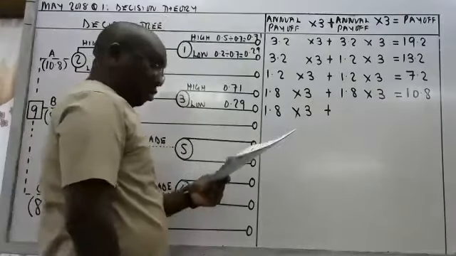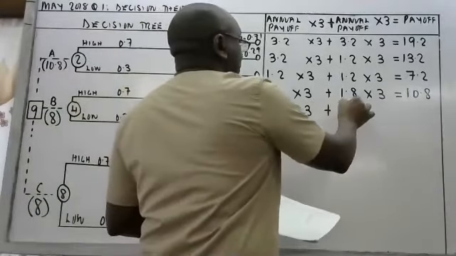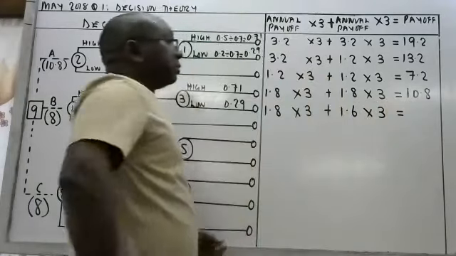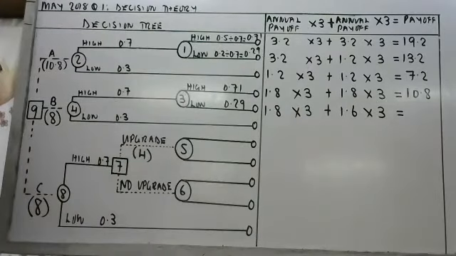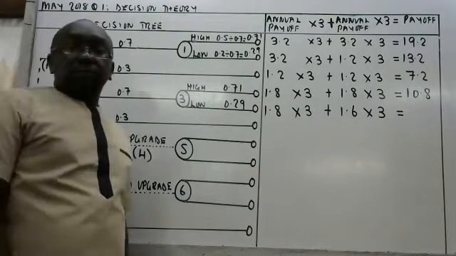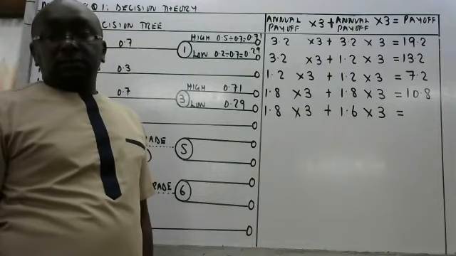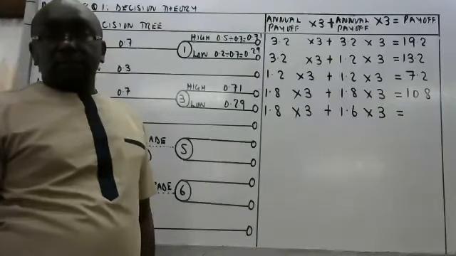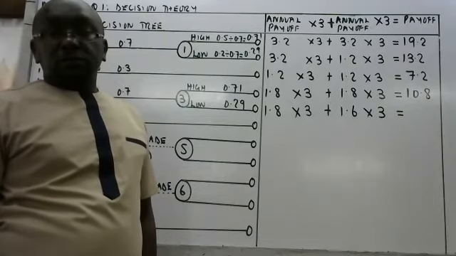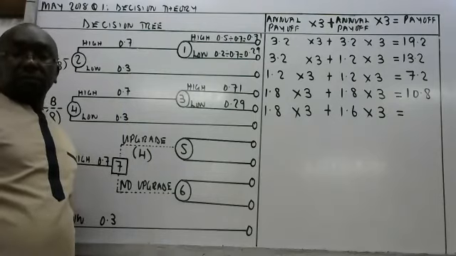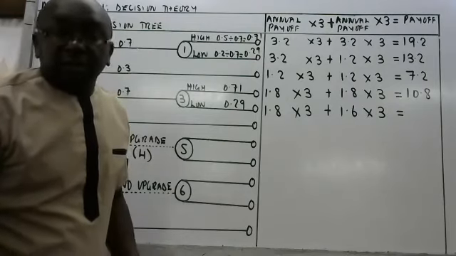Then it changes to low. 1.6 for the next 3 years. Oh, it's still 10.2.